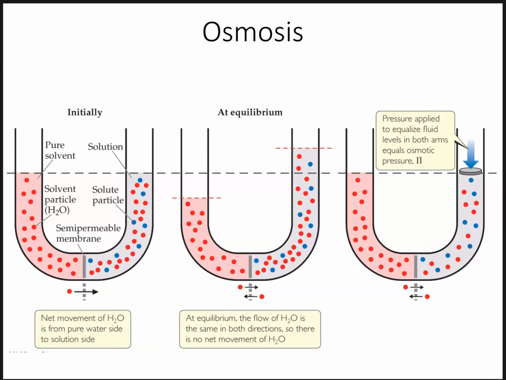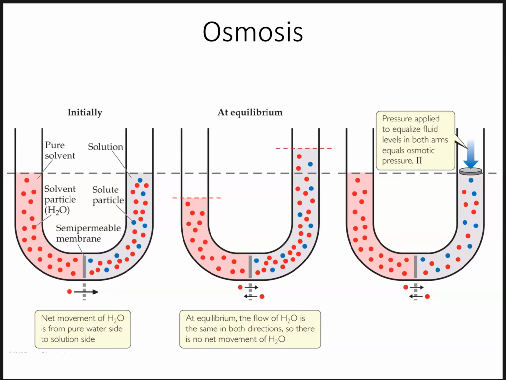Osmotic pressure is also a colligative property and one which we tend to pay a little more attention to in biology and nursing. Osmotic pressure is the pressure required to take a fluid at equilibrium and push it back so that it has an equal fluid level on both sides.